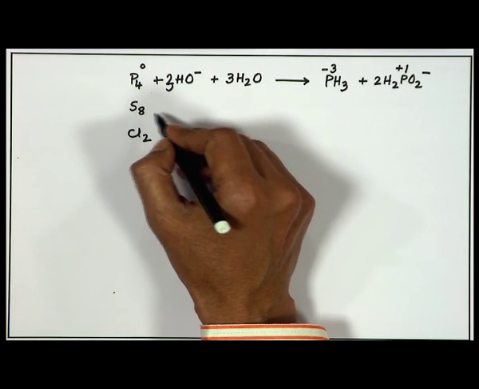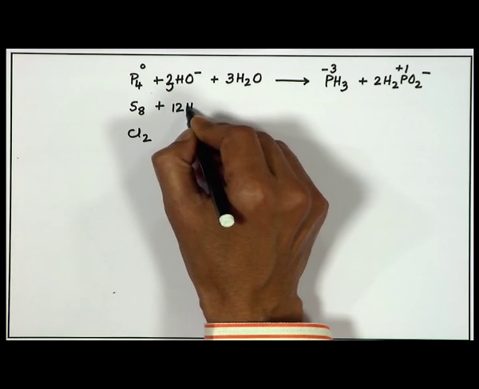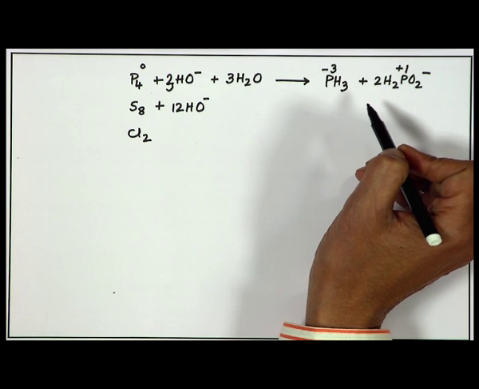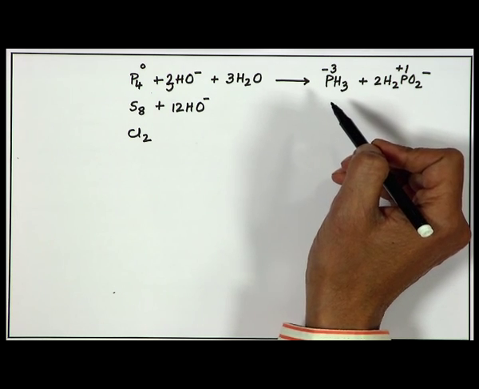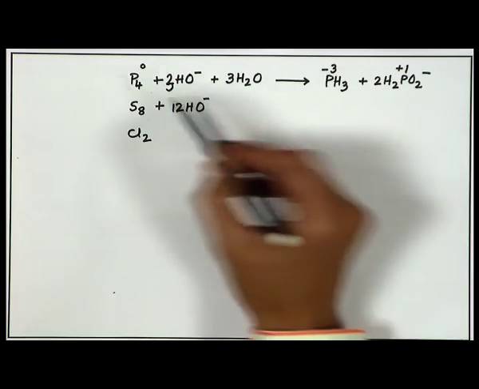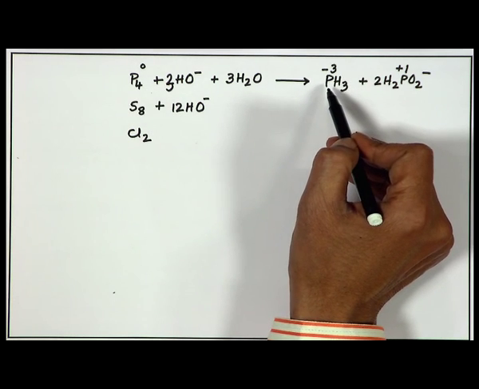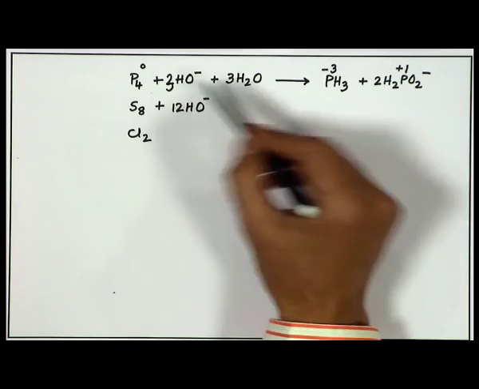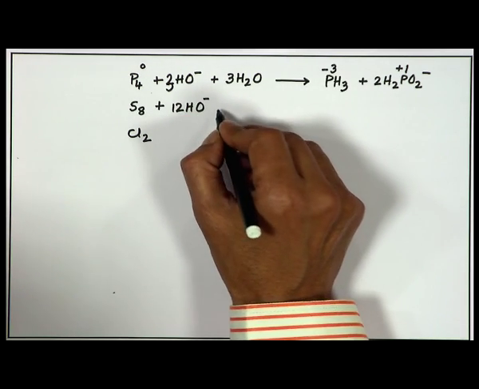Similarly, for S8, we just look at the number of electron transfer between these species. If it is 1:1, we are fine, but sometimes it is not 1:1, such as it is accepting 3 electrons and is going to PH3. So, it is accepting 3 electrons going from 0 to -3. So, this is not always a 1:1 type of reaction.